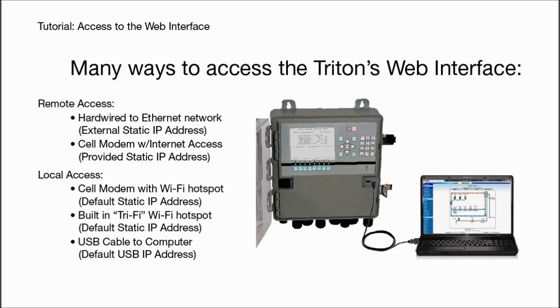Triton's web interface locally with a USB cable. It's a fairly common cable with a mini B connection that you plug into the Triton and a standard Type A that plugs into your computer. You do have to download and install a USB on-the-go or OTG driver from our website, but once that's installed, there's a single IP address you can use to access any Triton's web interface locally.